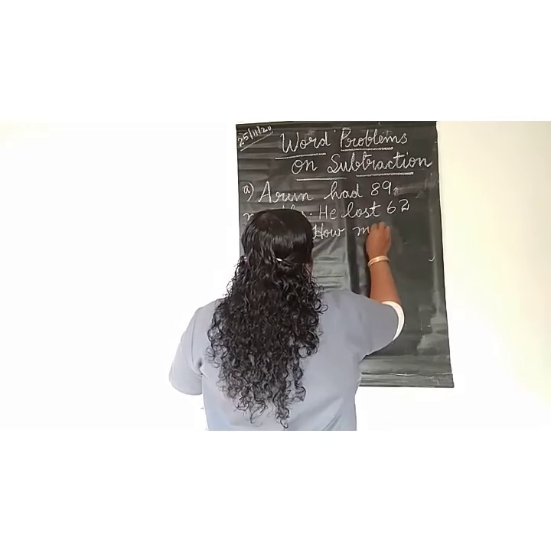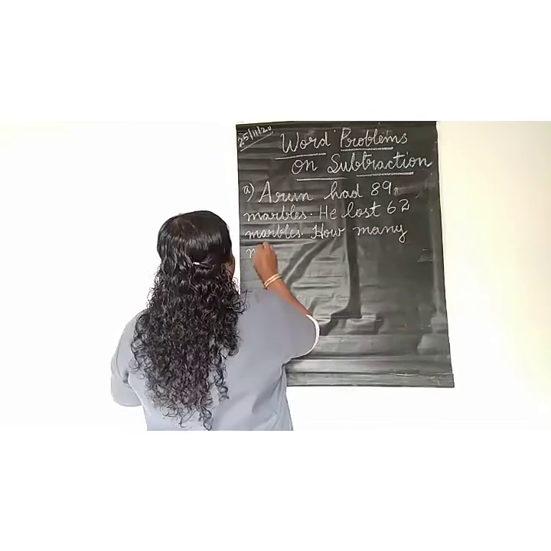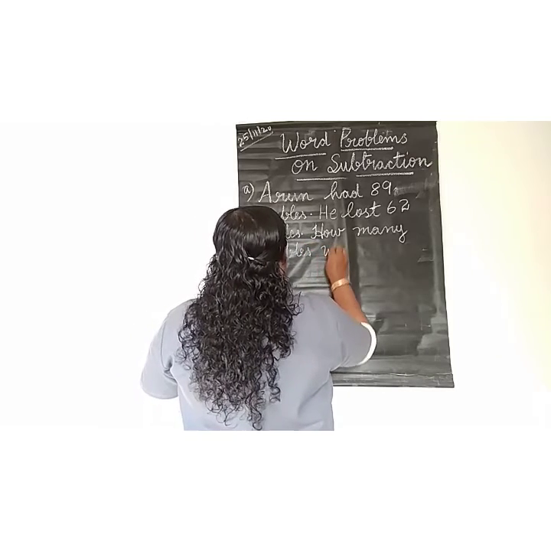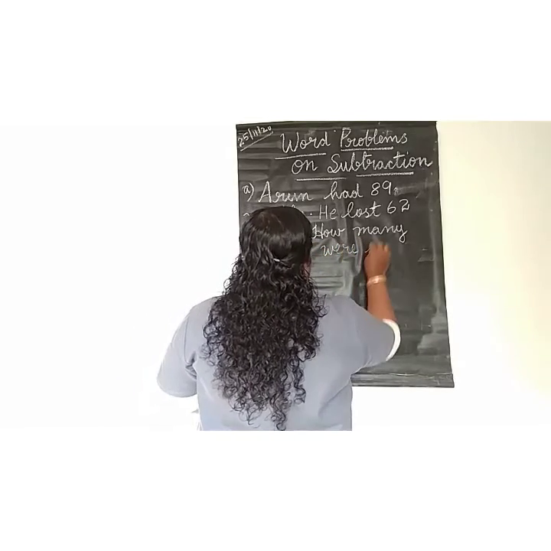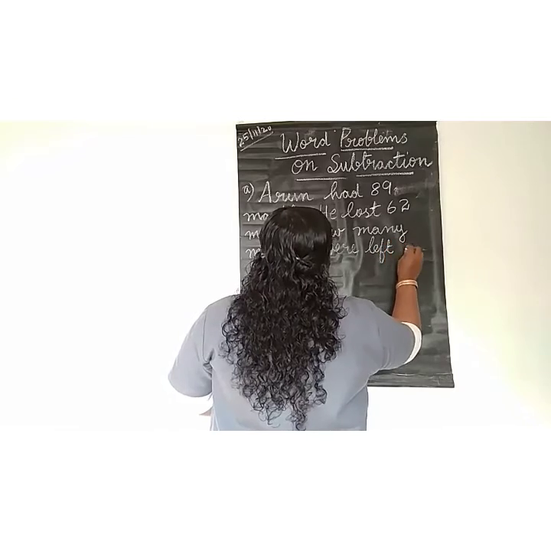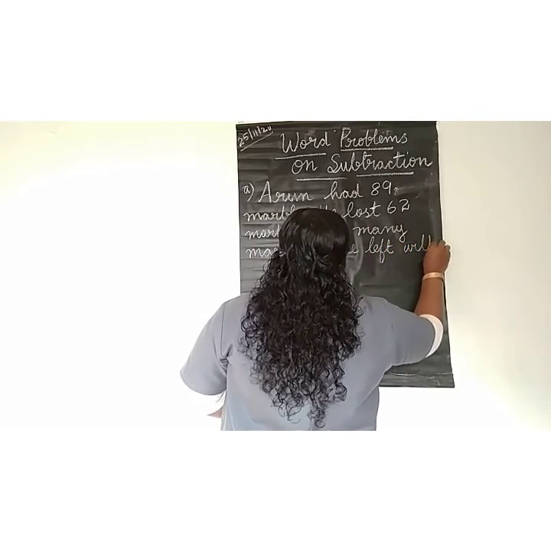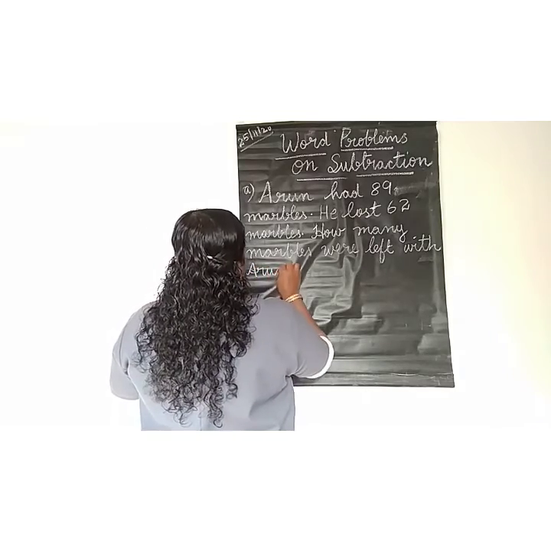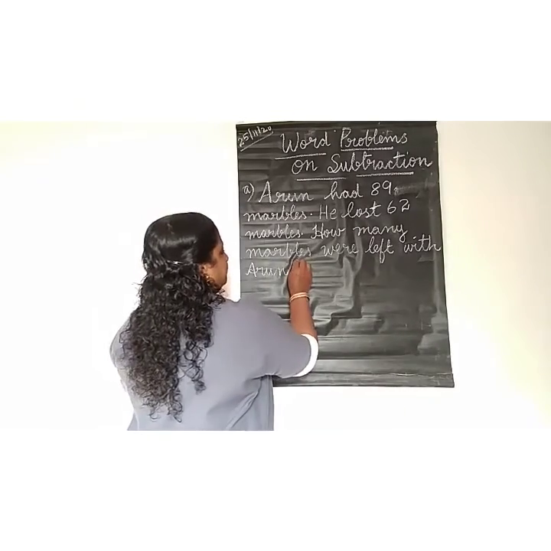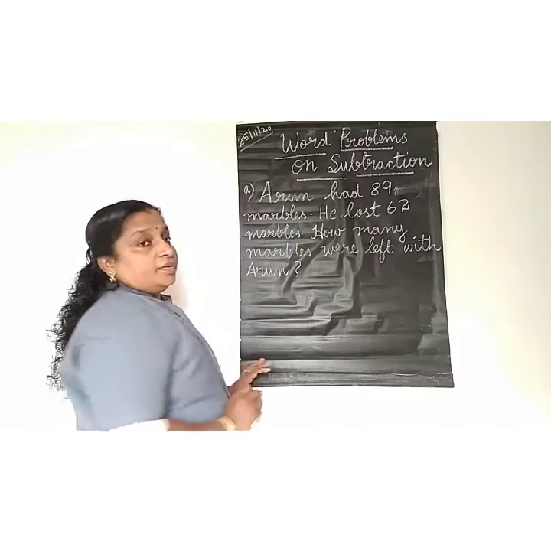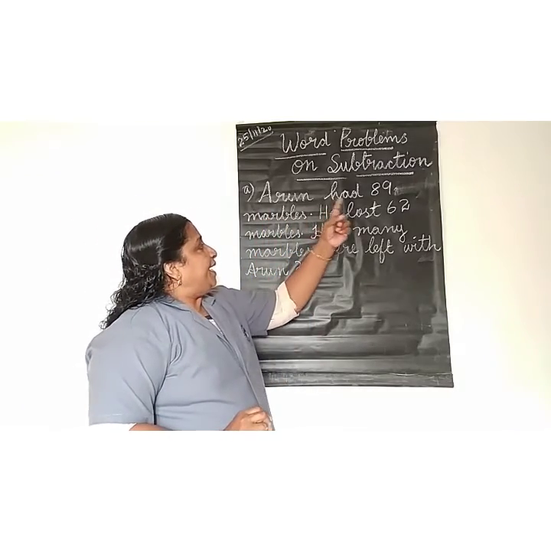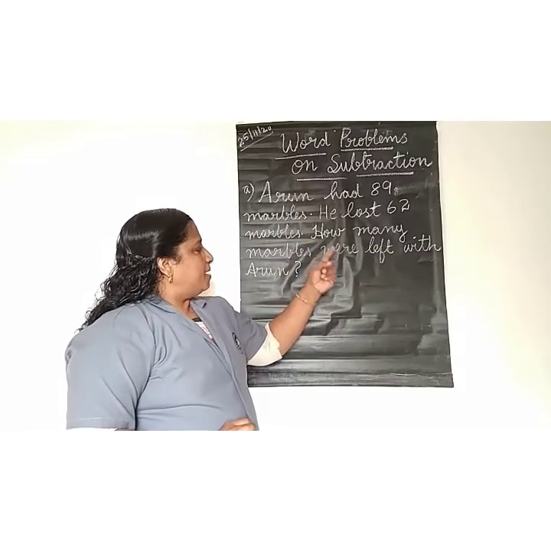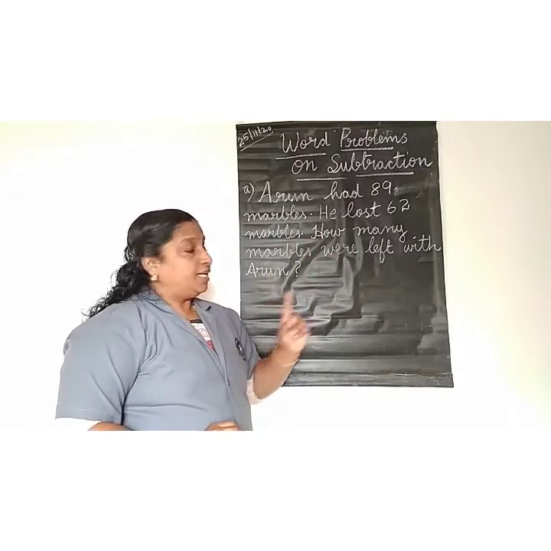How many marbles were left with Arun? What is the question? Arun had 89 marbles. He lost 62 marbles. How many marbles were left with Arun?